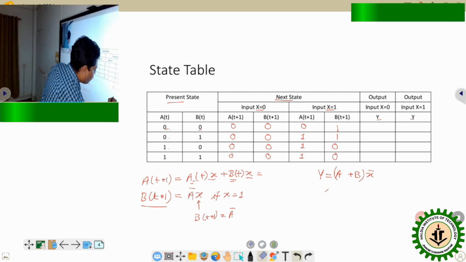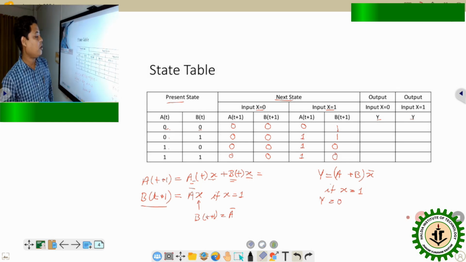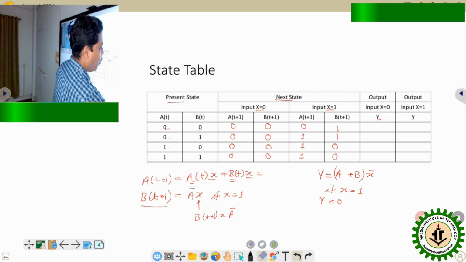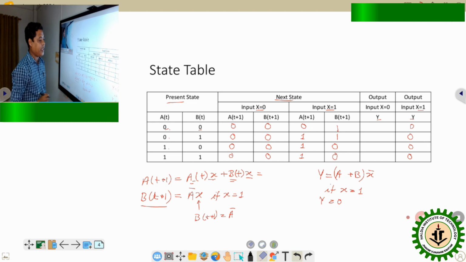Hence, if x equals 1, Y will be equal to 0. So the output for x equals 1 will be equal to 0, no matter what the state A and B are.